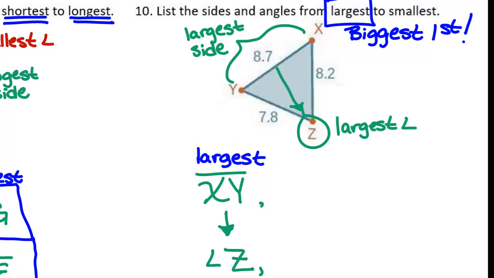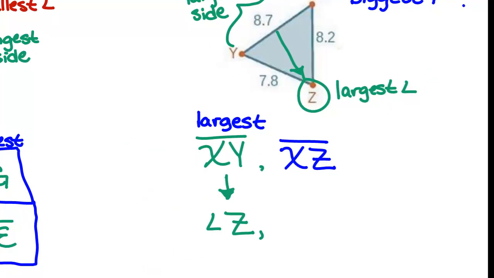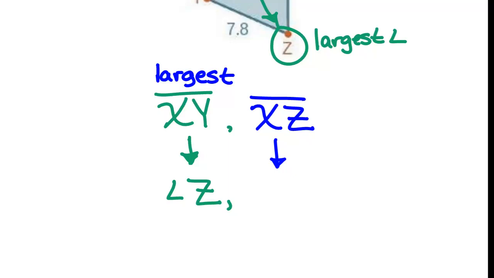Which side would go next? XZ. What angle would go in the middle then? Y. Angle Y.